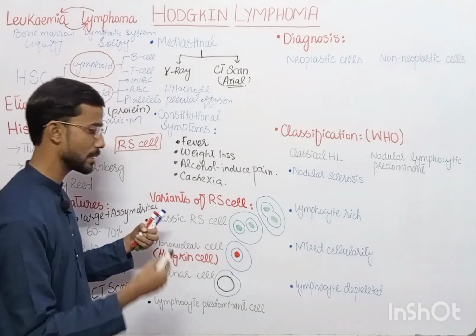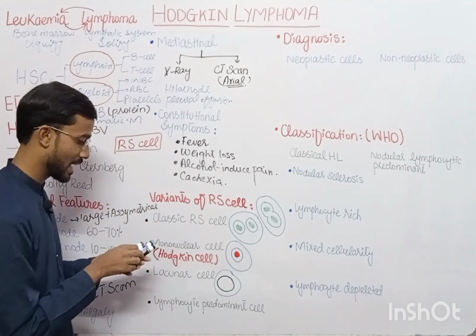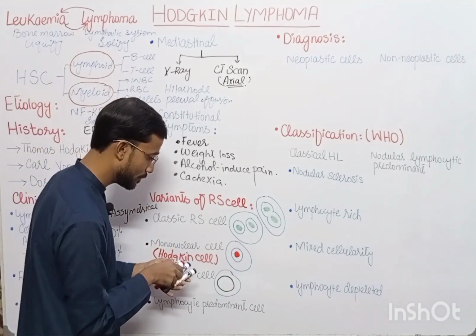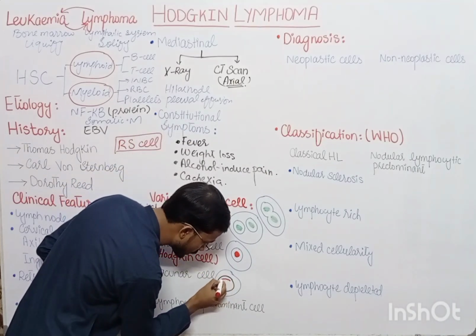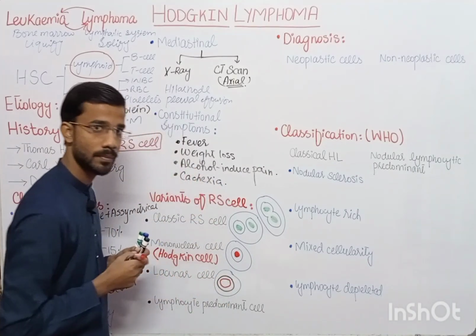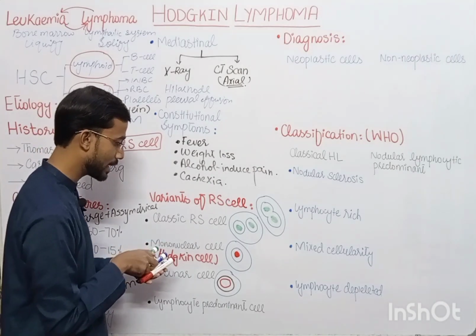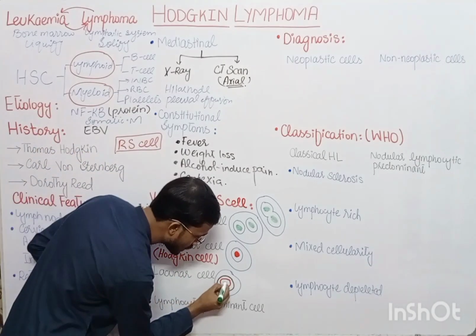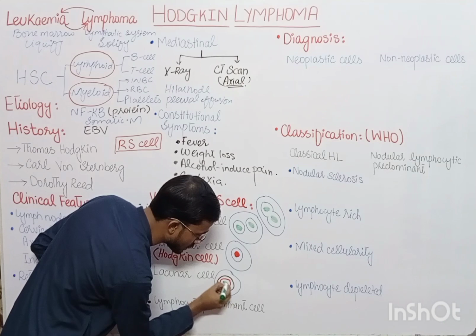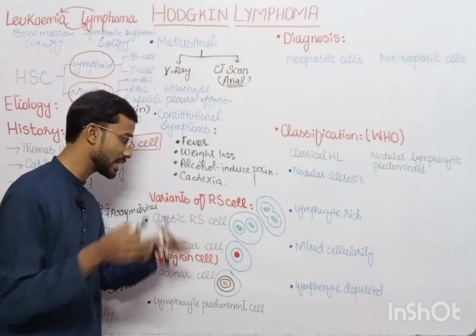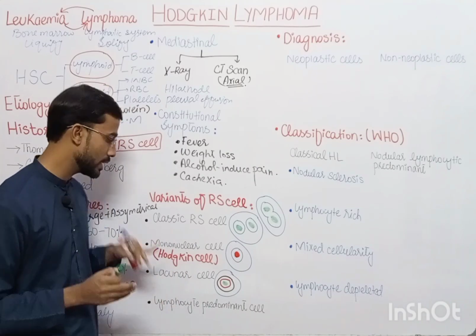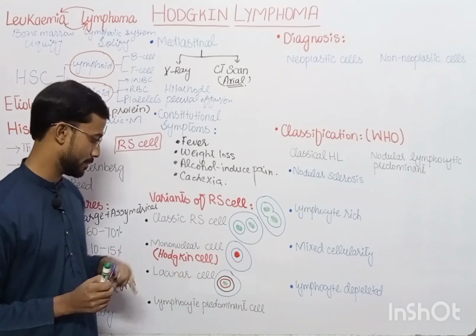Because the cytoplasm is compressed to the periphery, and between them there is a nucleus, and inside the nucleus there is a nucleolus. On the basis of the lacuna present in these cells, we call them lacunar cells.